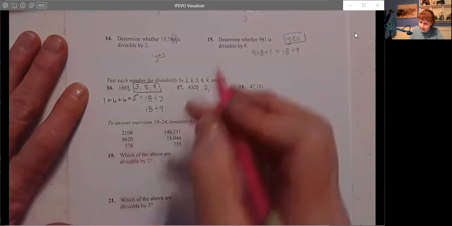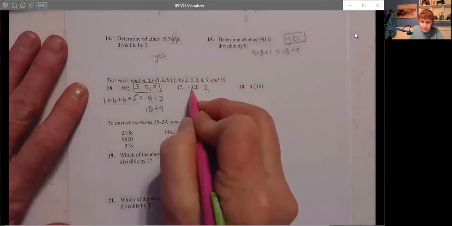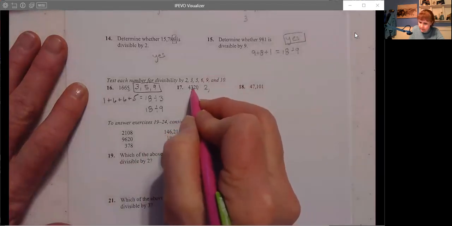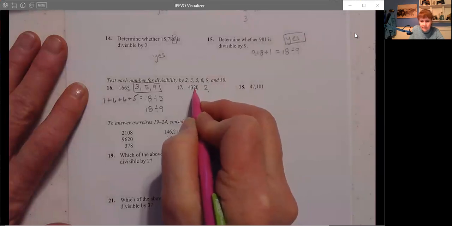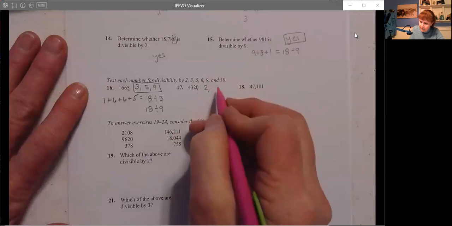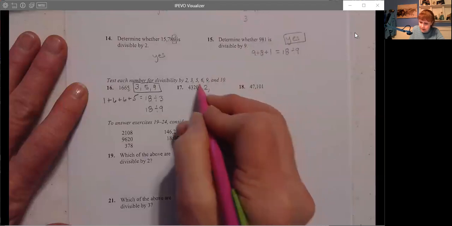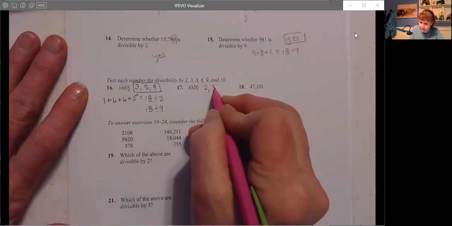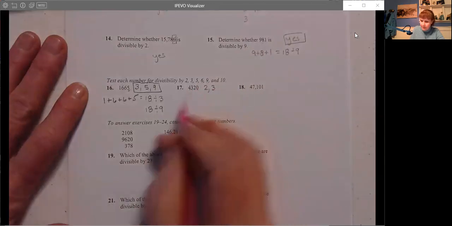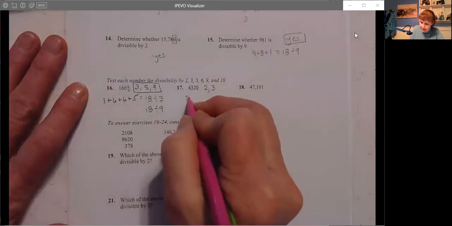What about 3? Well, 4 plus 3 is 7, plus 2 is 9, plus 0 is 9. Well, 3 goes into 9, so 3 will go into this number because the sum is 9.